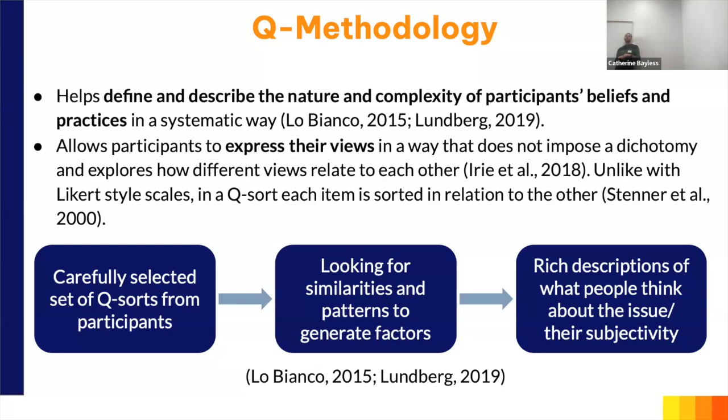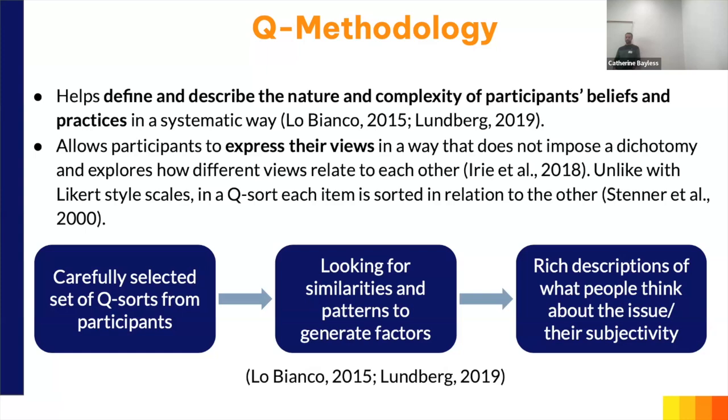So to do that, with Q methodology, you have to have different statements that the participants are going to be sorting. And this is where you have to develop those statements for them to then sort in what we call a Q sort. To make the statements, we had different experts on different dimensions come up with a set of statements that we then piloted and refined. So in the end, we had a total of 30 statements per dimension, so 90 in total.